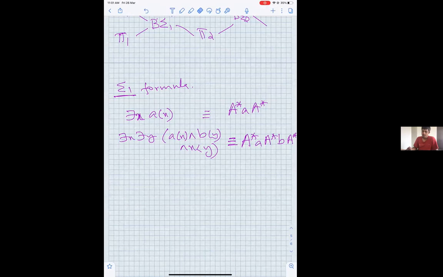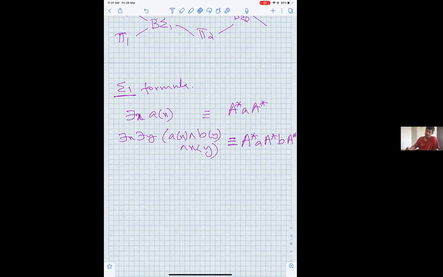Is the class sigma 1 closed under complementation? I think it can be conjunctions or disjunctions, because any sigma 1 formula is a string of existential quantifications, and inside there is a sigma 0 formula, a conjunction or disjunction of sigma 0 formulas. So probably we can have disjunction and conjunction there.